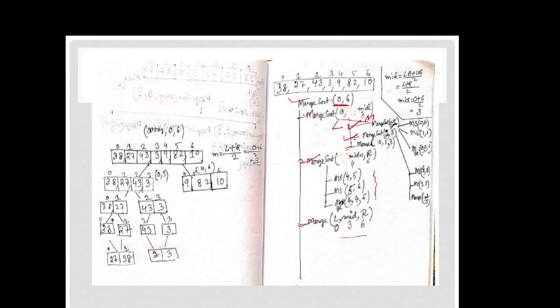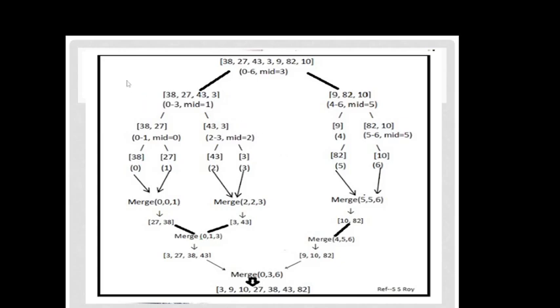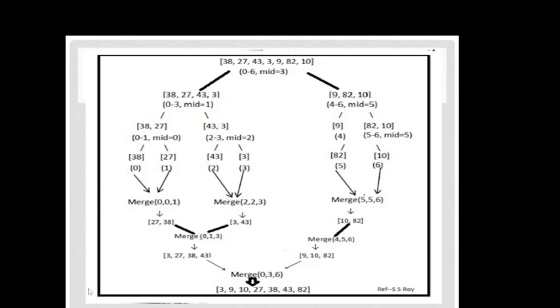If you see this structure in terms of a tree, it will be like this. First it is 0 to 6. Then 0 to 3 is here, 4 to 6 is there, then 0 1 on this side, and then 2 3. This is the recursion tree.